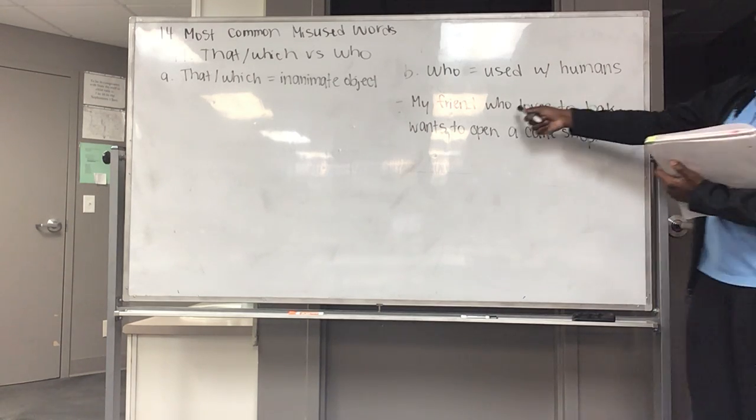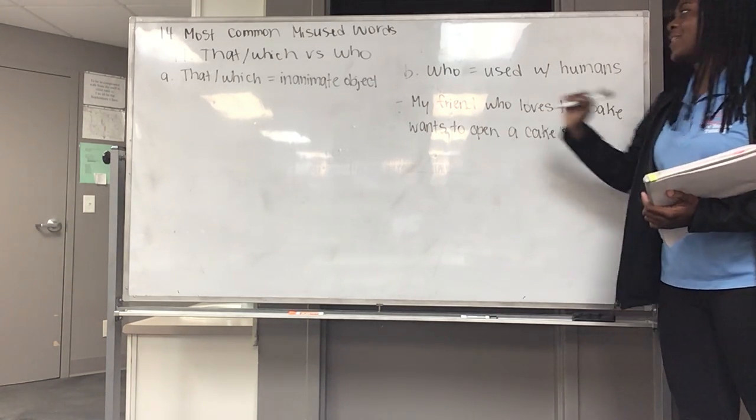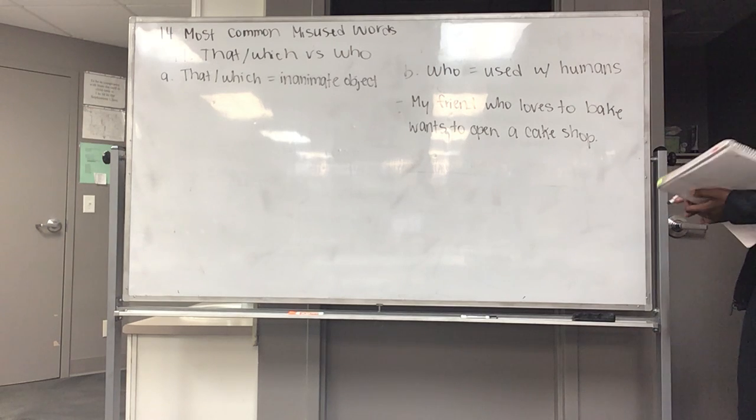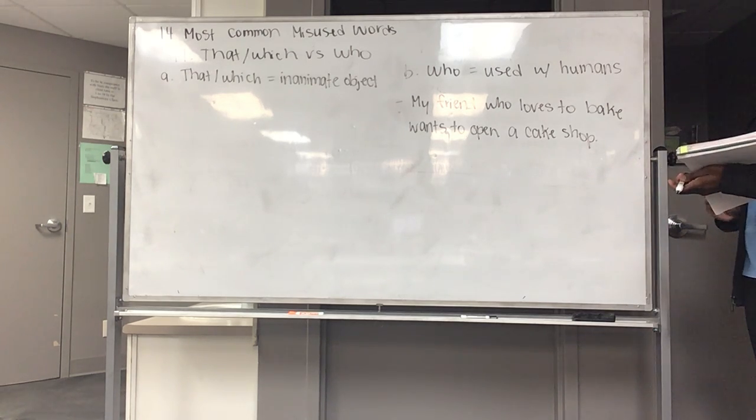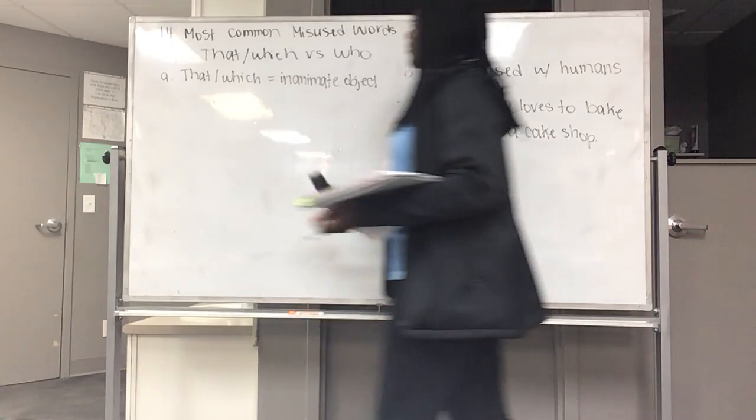Because we're talking about my friend, who's a human, we're going to use who instead of that or which. My friend who loves to bake wants to open a cake shop. Okay.